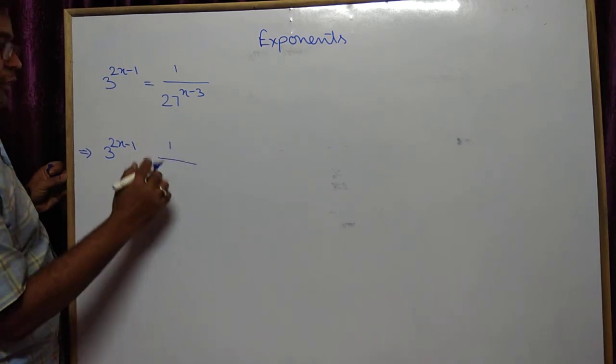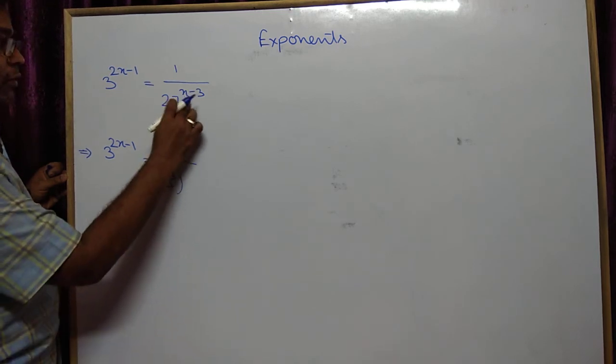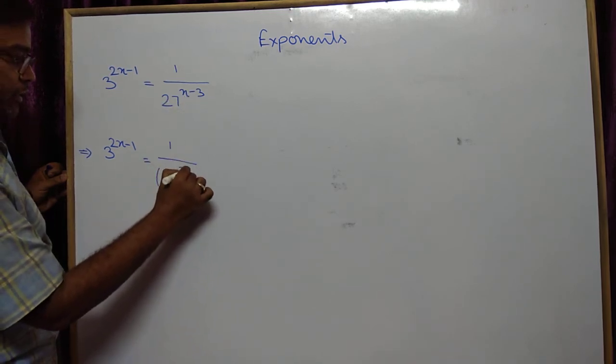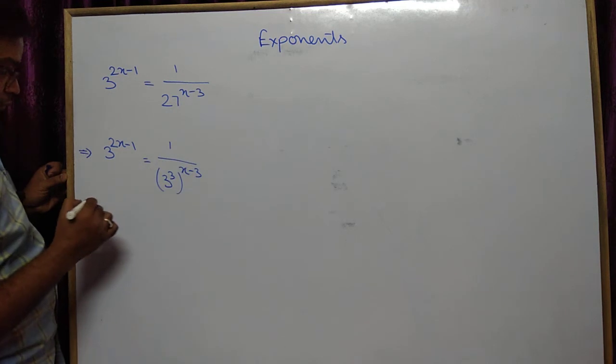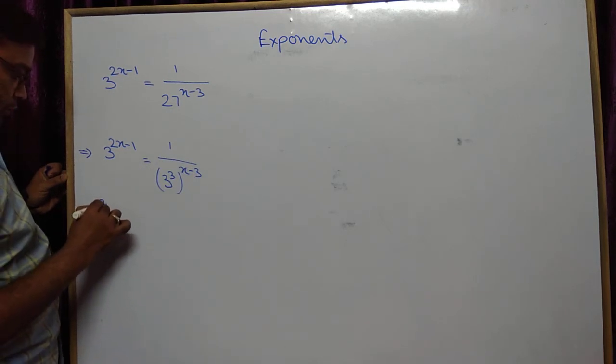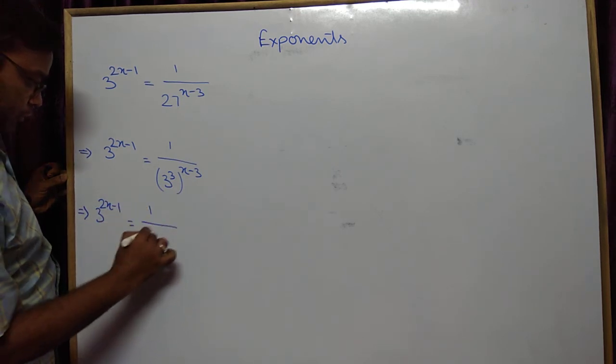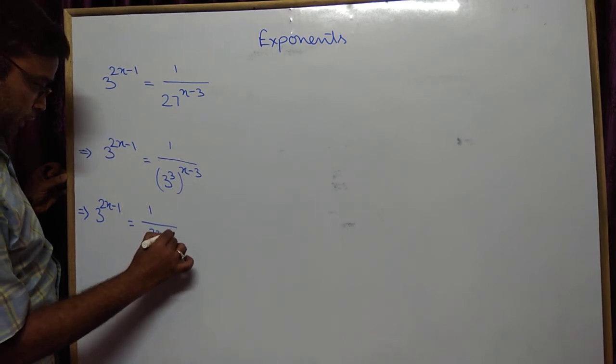We convert 27 into 3 to the power 3 and whole to the power x minus 3. 3 to the power 2x minus 1 equals 1 upon 3 to the power 3x minus 9.